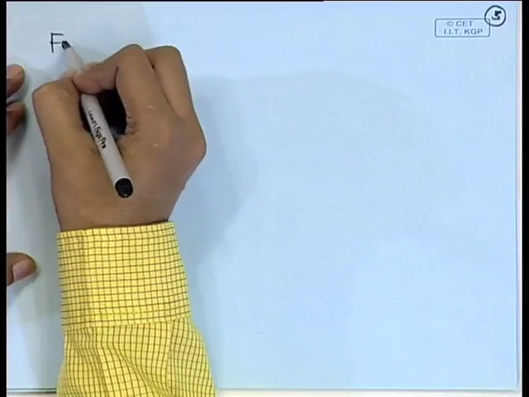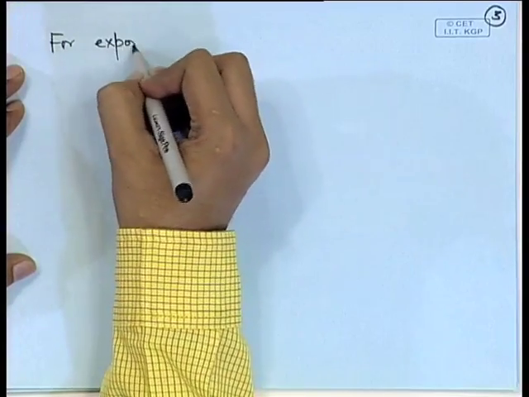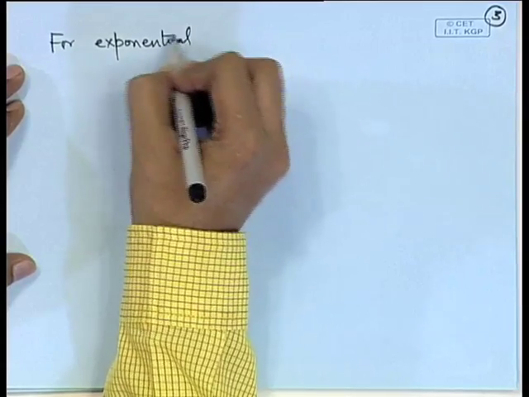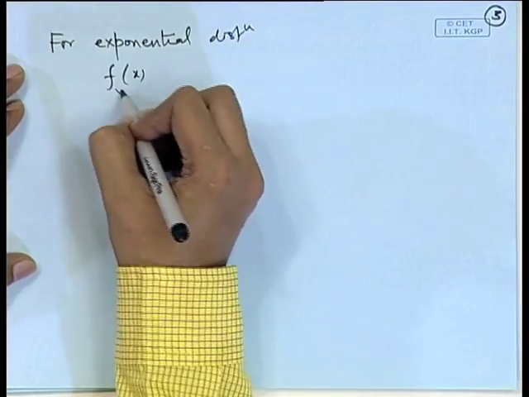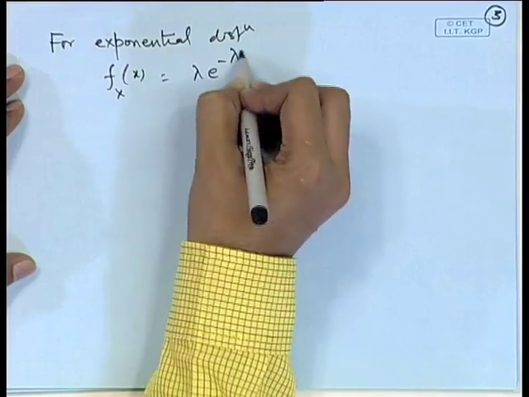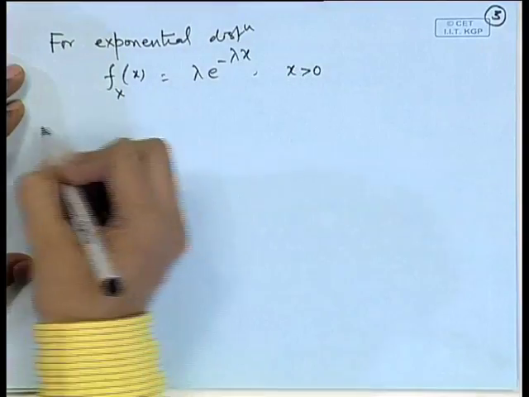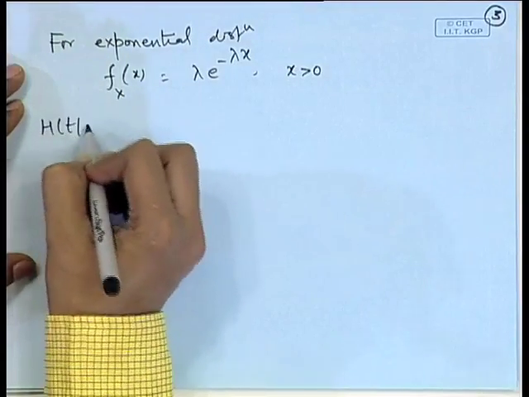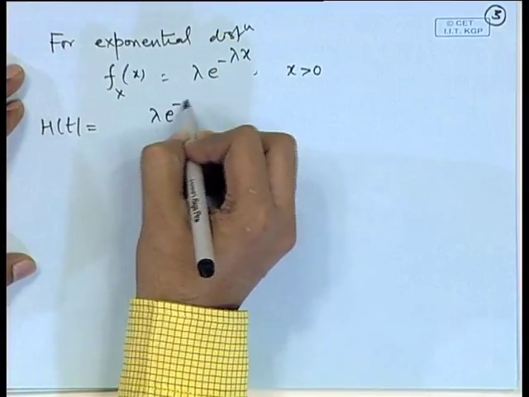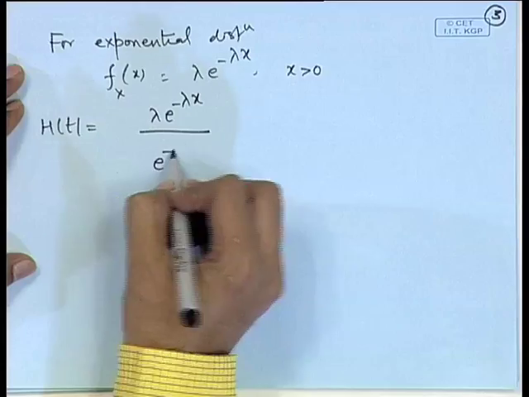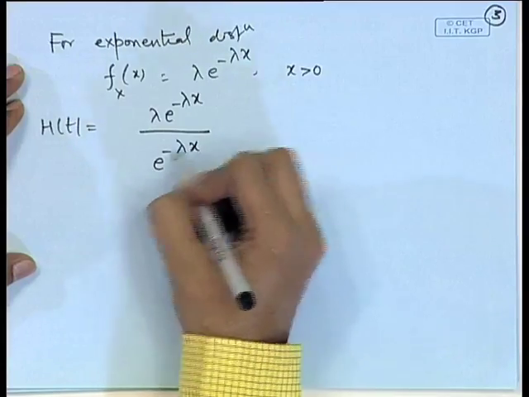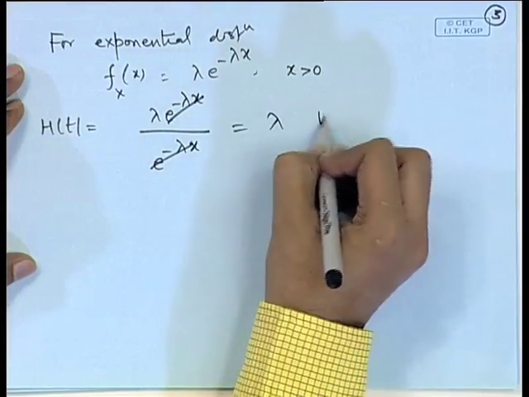In the case of the exponential distribution, if I take f(x) equal to lambda e to the power minus lambda x, the hazard rate is lambda e to the power minus lambda x divided by the reliability function e to the power minus lambda x, that cancels out, which is lambda for all x.